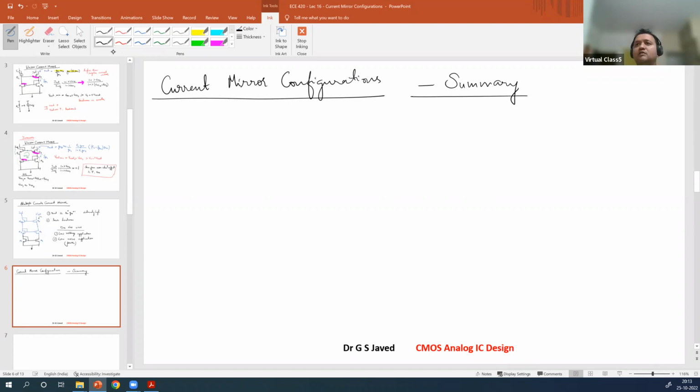First we will write what the configuration is, what the current ratio is, what the output swing or V out min is, and what the output impedance is.